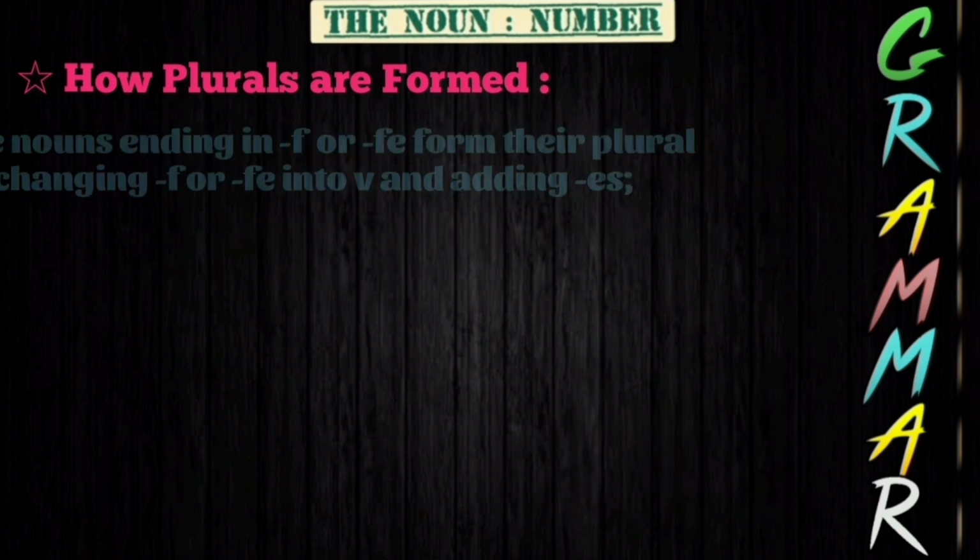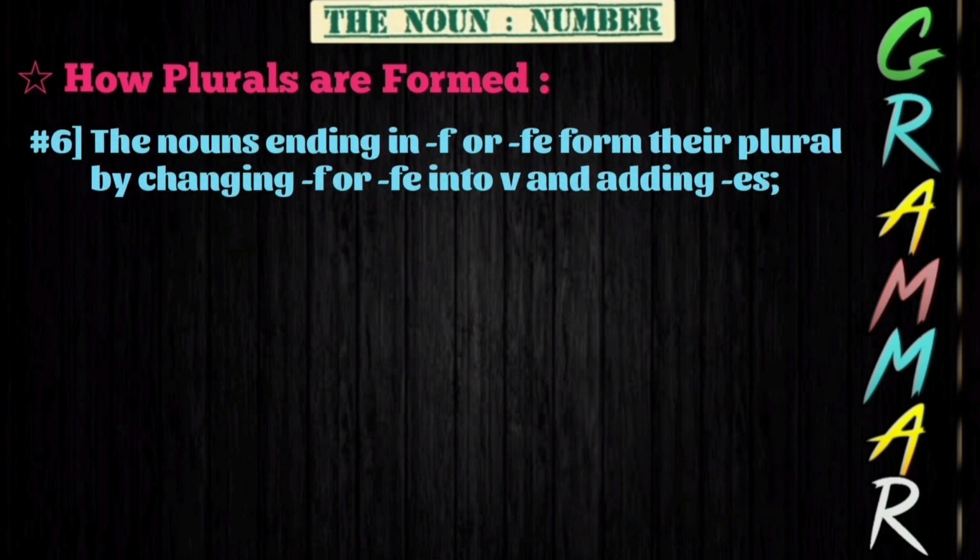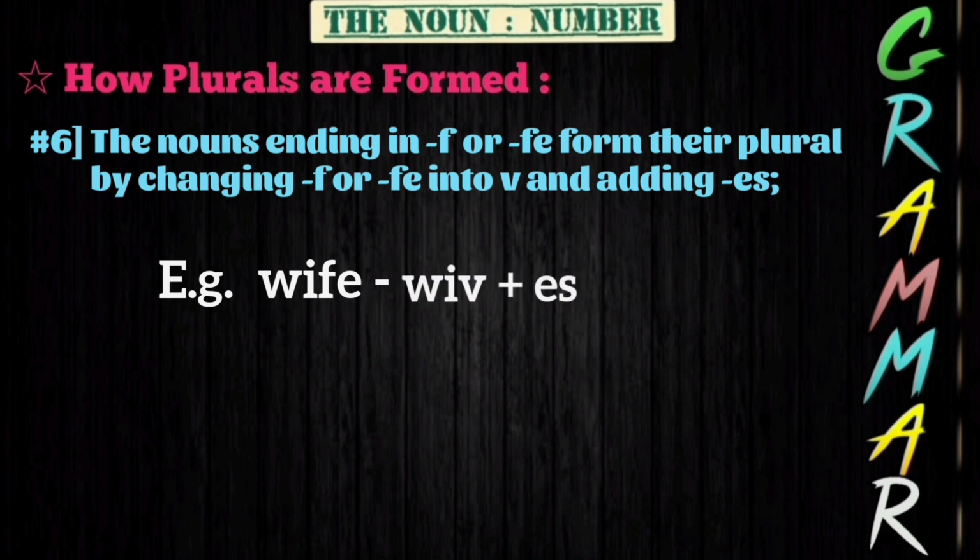Next rule, the nouns ending in F or FE form their plural by changing F or FE into V and adding ES. For example, we have a word wife. So this is ending with FE. To make it plural, firstly we will remove FE and change it into V, and then we will add ES.